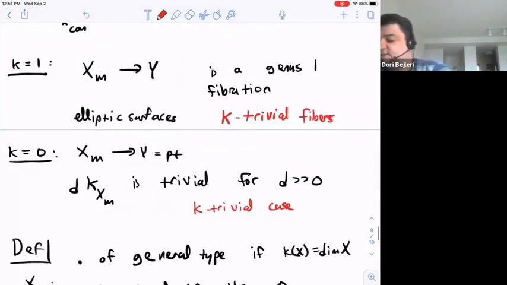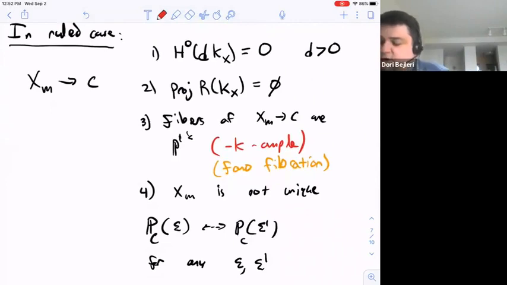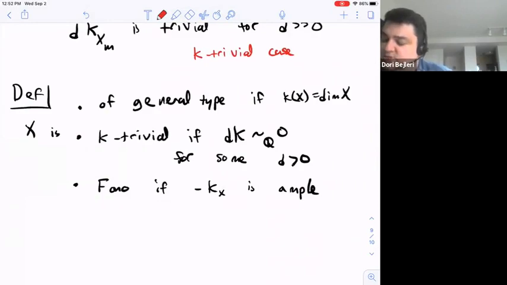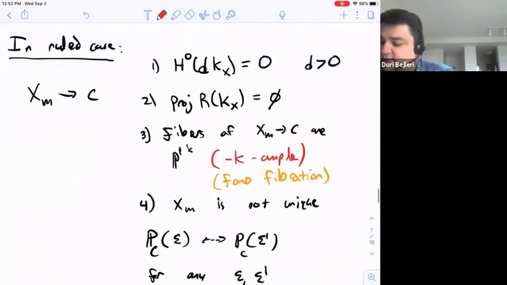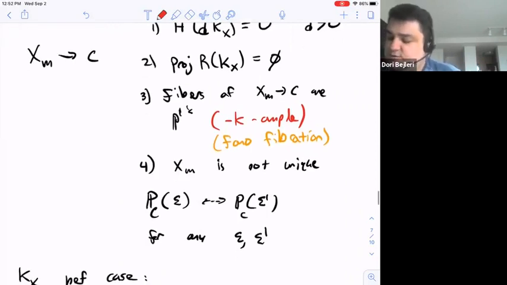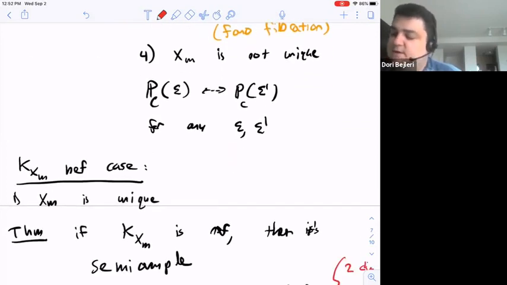And now if we study these cases, we see that in this classification for surfaces, each of our classes are built up from these general type, k-trivial and Fano varieties in different ways. So in this case, we have this ruled surface where it's built up from a curve C with Fano fibers. So as long as we can classify all curves and we can classify all Fano curves, then we can classify these ruled surfaces. And of course here it's not so hard because there are all these projective bundles. So the classification is the same as classifying bundles that give you the same projectivization.